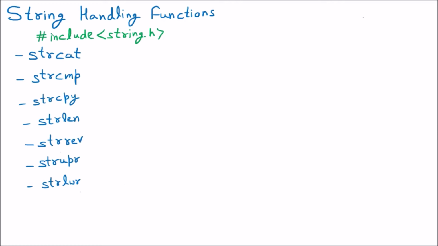strncpy. Now we know that strcpy we have already learned. So we have one more function, that is strncpy. It is self-explanatory that there is some kind of n. Now what is n?